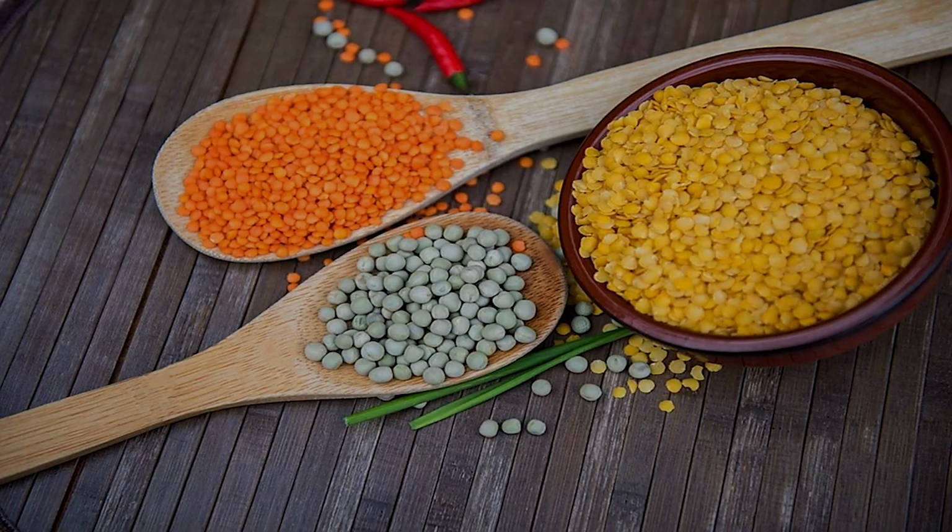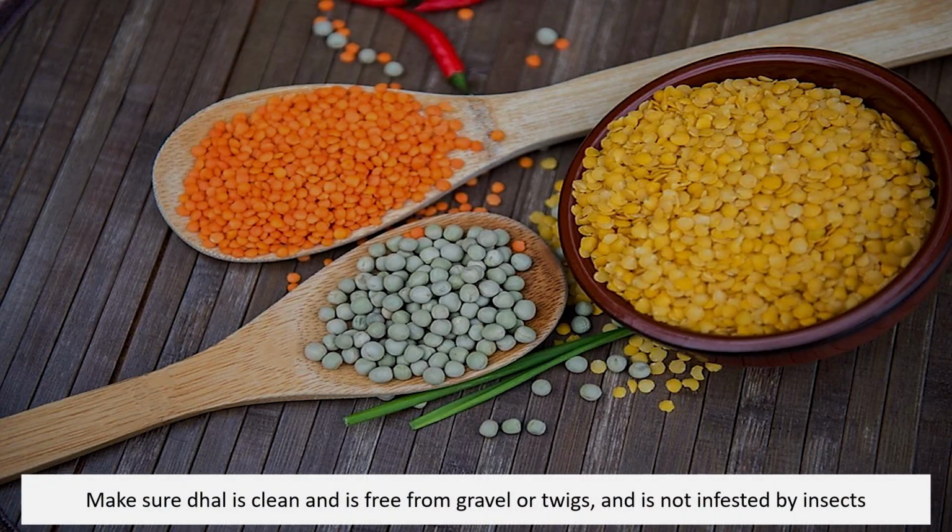While buying pulses, we have to make sure that they are free from gravel. Now, what is gravel? They are very small stones which are added to the pulses to increase the weight of the product. So this is basically added by cheaters.